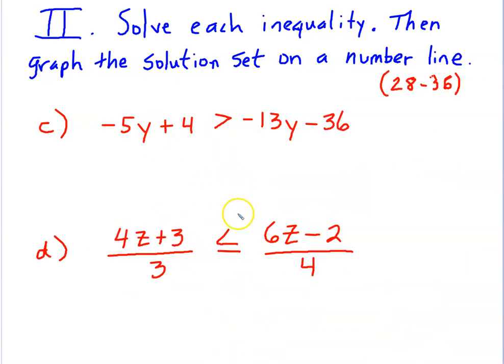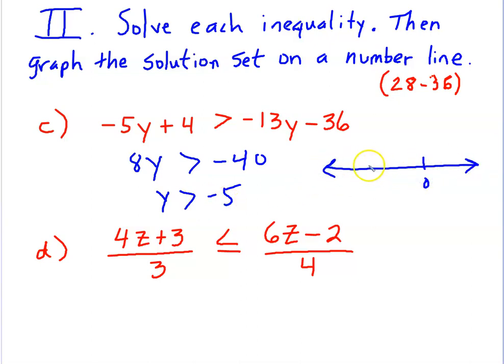Very good. All right, for letter C, we want to get the variables on the same side, so I'm just going to add 13y to both sides, and I'm going to subtract 4 from both sides, and we'll divide by 8, and we get the solution is all the numbers, the range of numbers that are greater than -5.